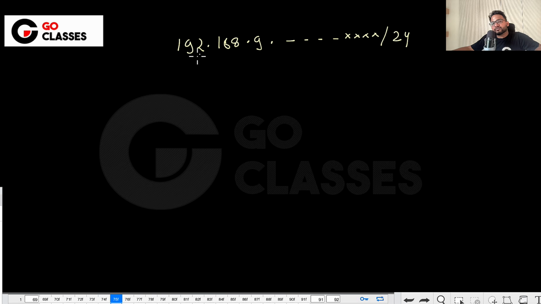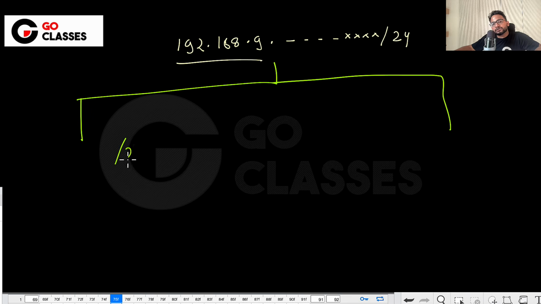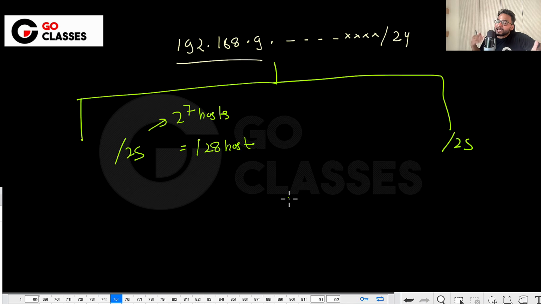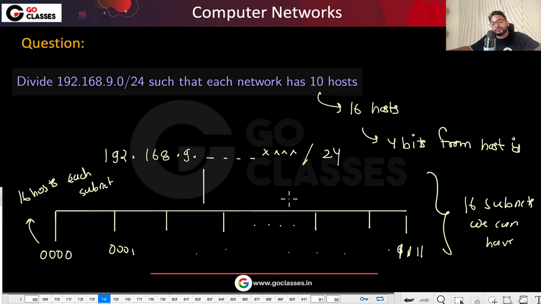Basically /24 means these are fixed. Now since you need 10 hosts, you can divide this into just two parts. If you divide into two parts, it will be /25, since you are using just one bit. In that case it will have 2 power 7, which is 128 hosts, and you just need 10. So why waste a 128 block? That's why I have divided into the minimum such that everyone has just 16.